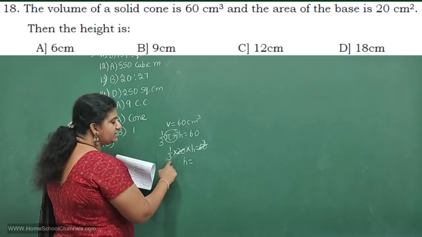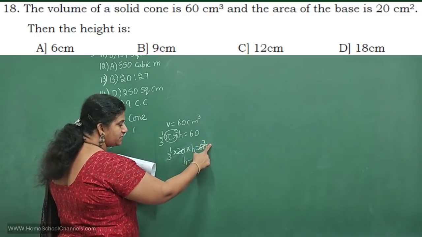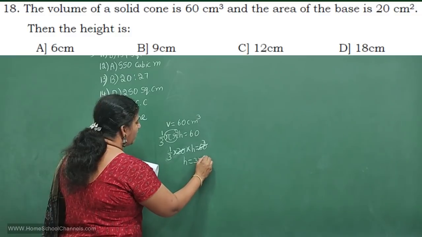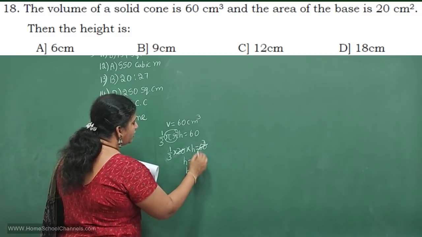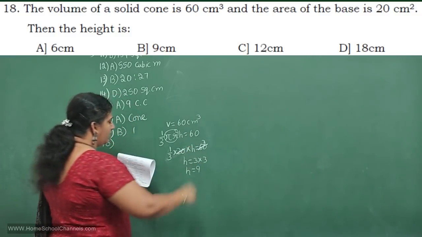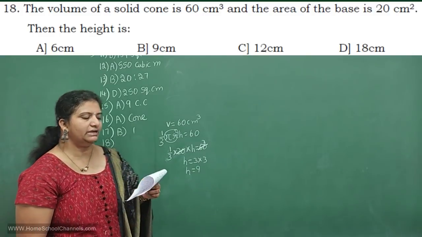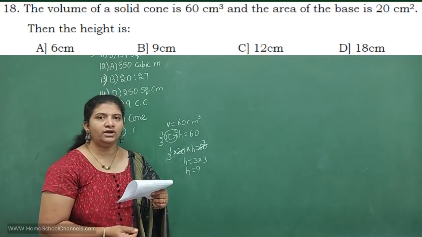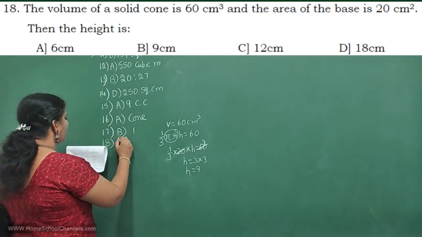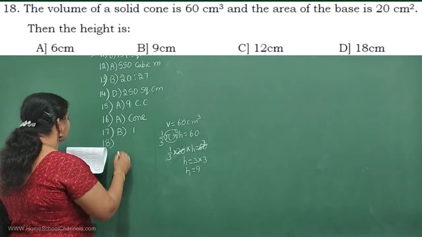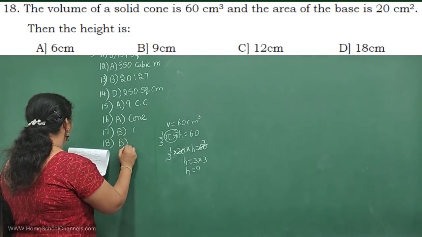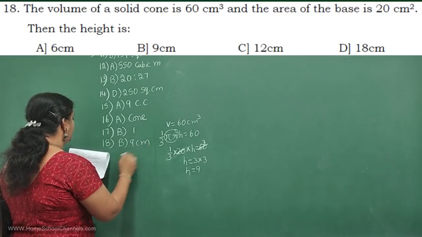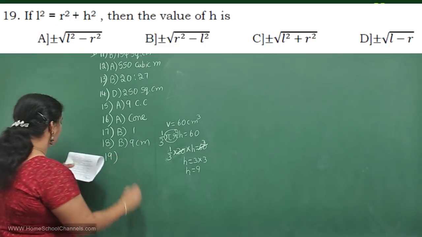The 3 in the denominator, if it is transposed to the other side, will be multiplied. Therefore, height of a cone is equal to 9 centimeter. What is the height of a cone? 9 centimeter. Which one is the right answer? Option B, 9 centimeter.